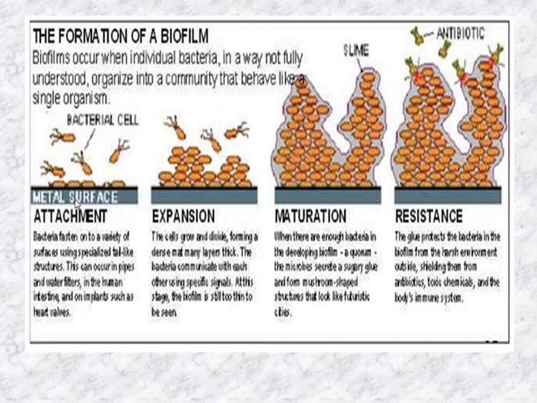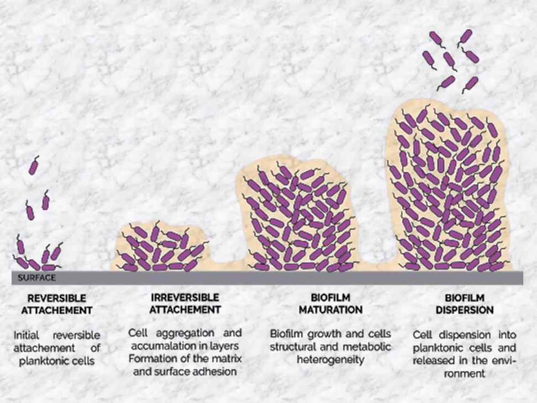You see the bacterial cells get attached to the surface, lose their flagella, divide and increase their number, and then that colony of bacterial cells is covered by slime or glycocalyx, which makes it very hard to destroy. So that is called a biofilm. This is another figure. I think now it is very clear what a biofilm is.